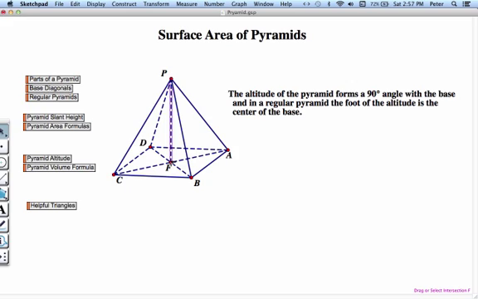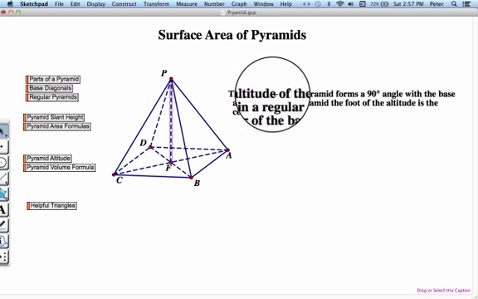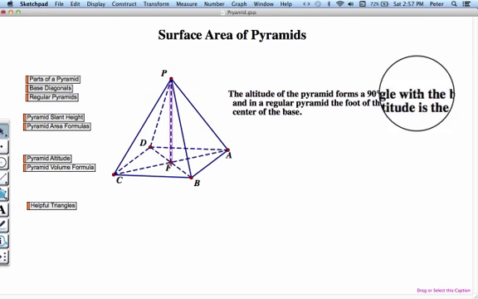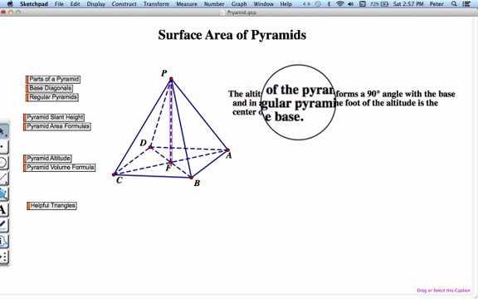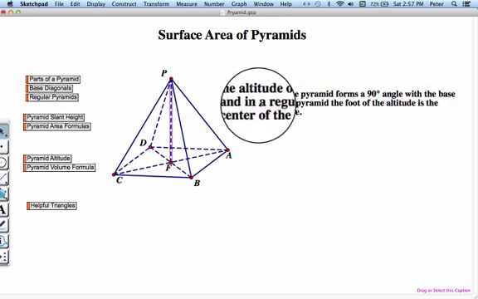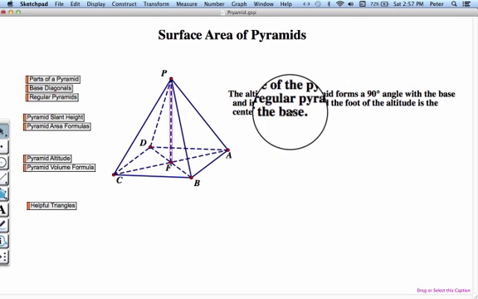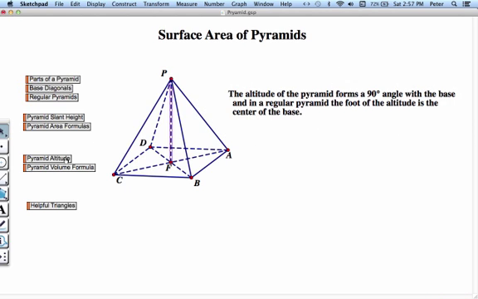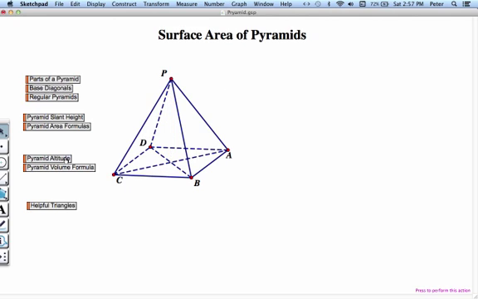It's also the center of the base if the pyramid is regular. Once again, the altitude forms a 90-degree angle with the base, and the foot of the altitude is the center of the base if the pyramid is regular. We're going to come back and use altitude for volume. What you want to use for area is the slant height.